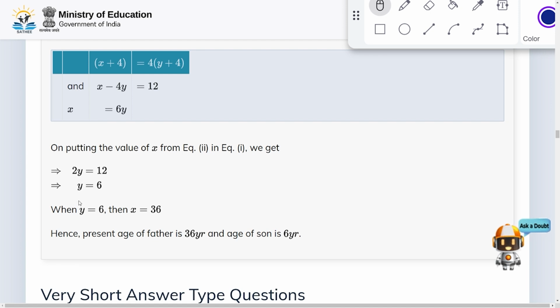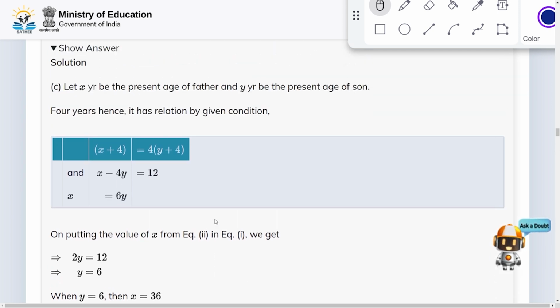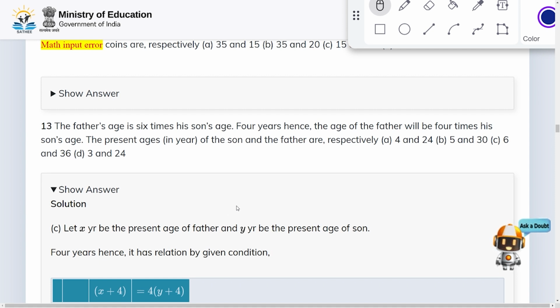When y is equal to 6, then x is equal to 6 times 6, that is 36. Hence the present age of the father is 36 years and the age of the son is 6 years. This is in option C, so the correct answer is option number C, 6 and 36.